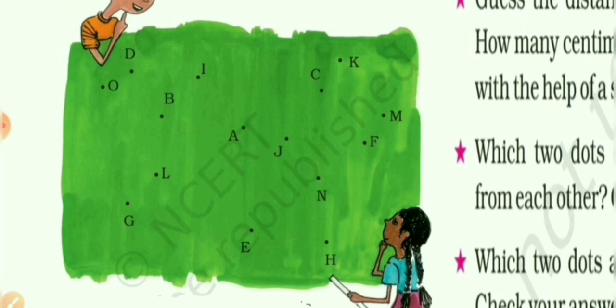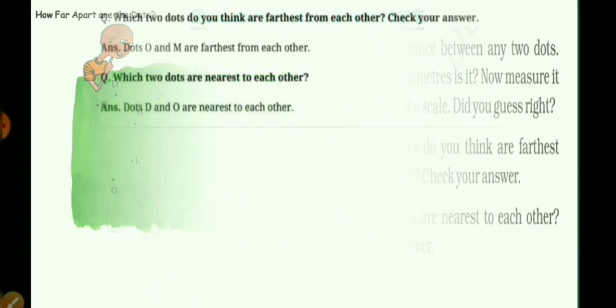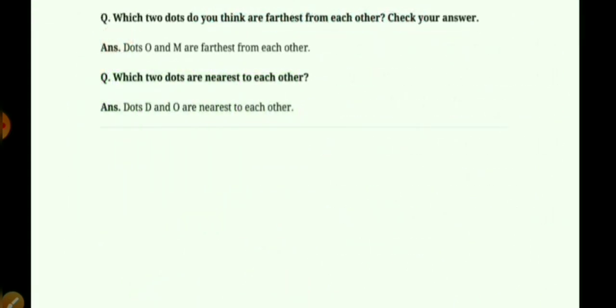First of all, you have to guess which two dots are near, and then you have to measure the distance, and write the answer of this question. You can write the answer like this also.